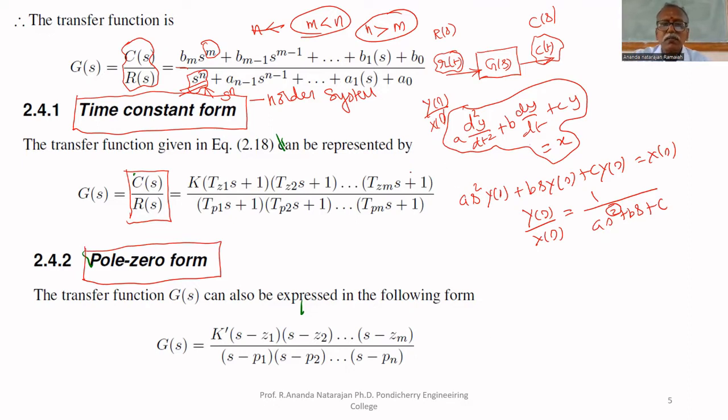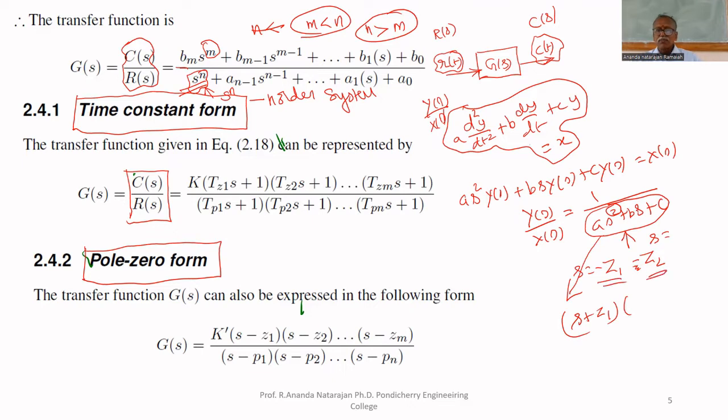Suppose this is the denominator polynomial of second order system. If you find the roots for this, how many roots you will get? 2 roots you will get. Let us call them as z1 and z2. This polynomial can be represented as s plus z1, s plus z2, because s equal to minus z1, s equal to minus z2 are the 2 roots of this polynomial.